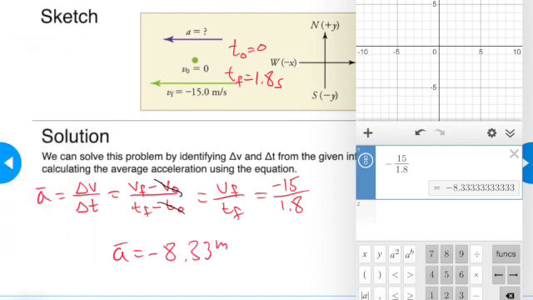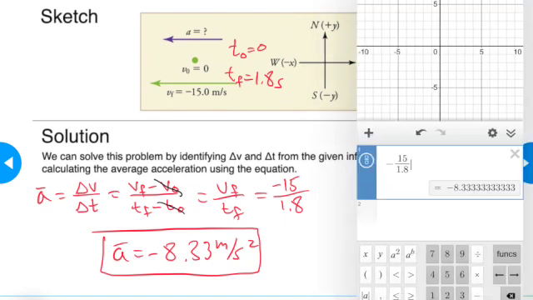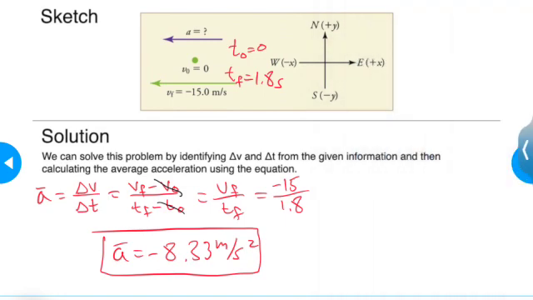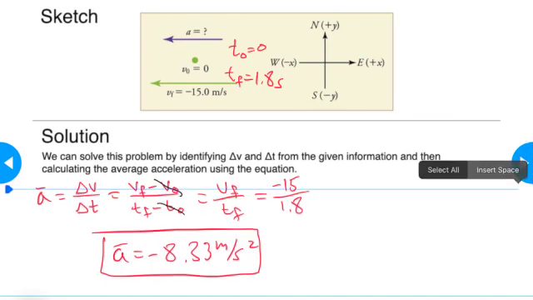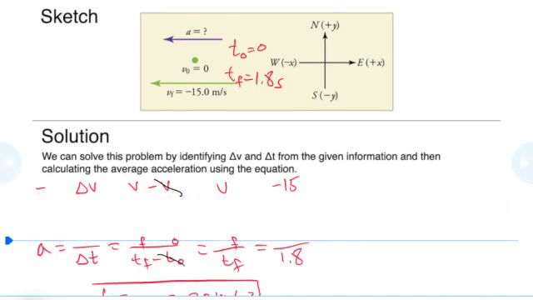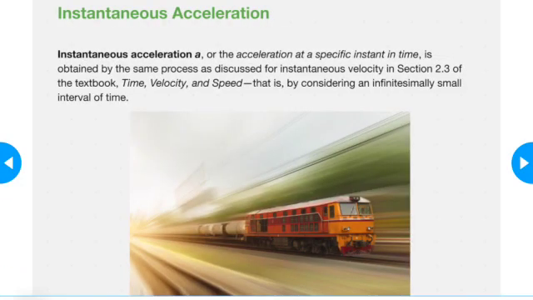Negative 8.33 meters per second squared. I don't know what just happened there, but there.